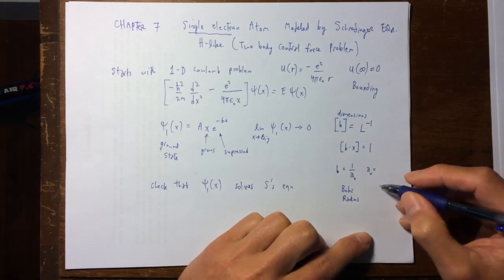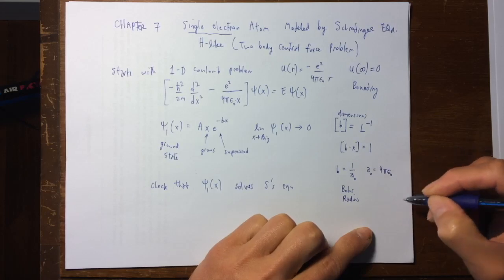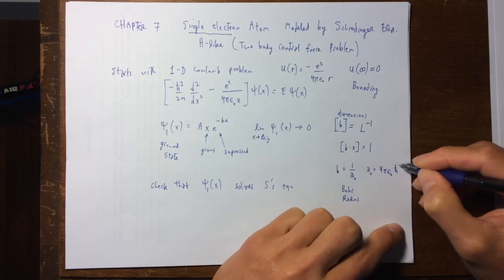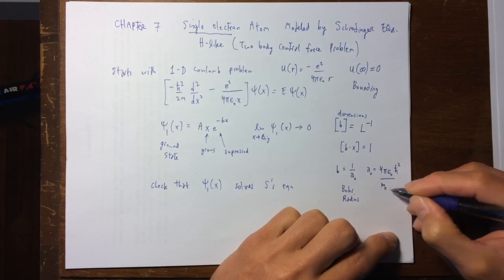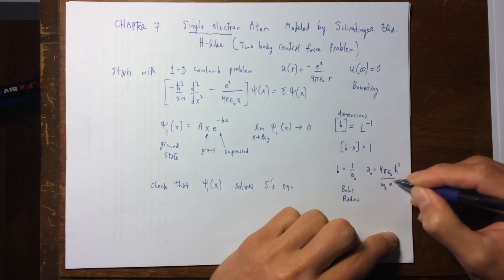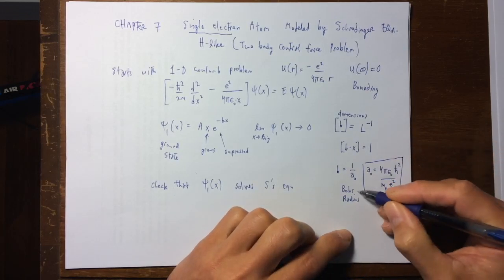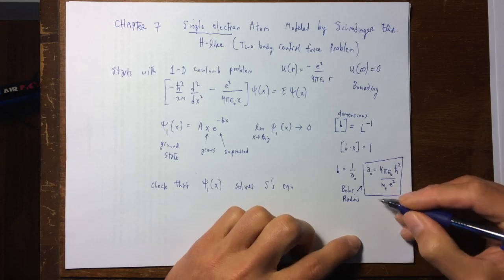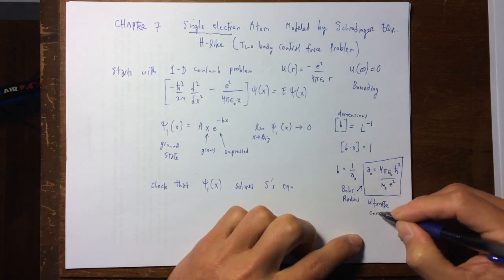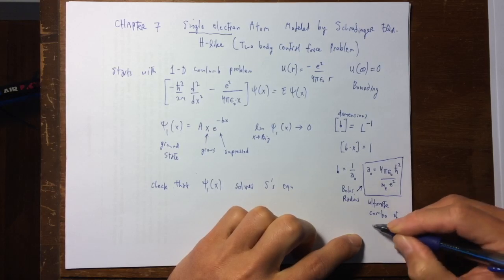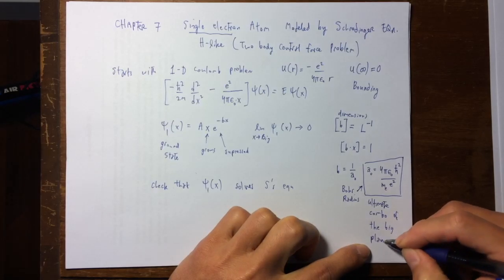So check this out, a sub 0 is 4 pi epsilon 0 h bar squared over mass of the electron times the electron charge squared. So this Bohr radius is there, and it's pretty cool because it's the ultimate combo of the big players.